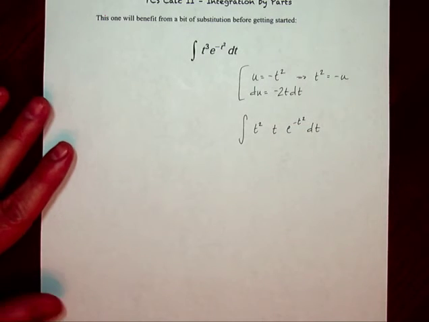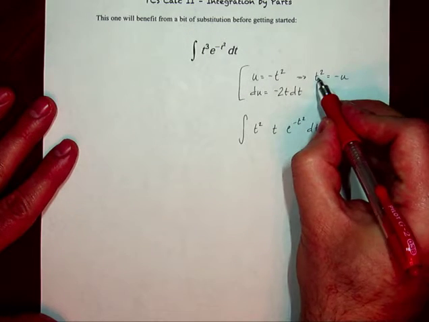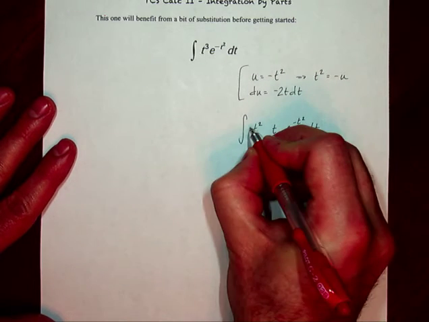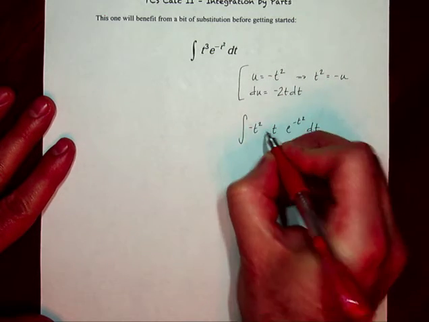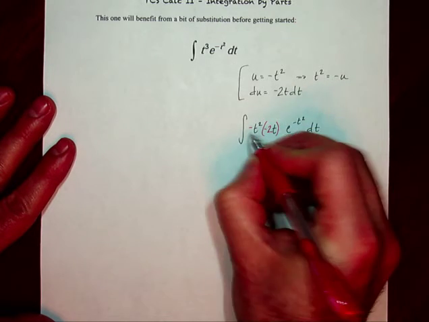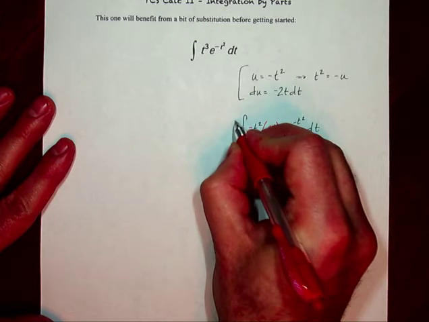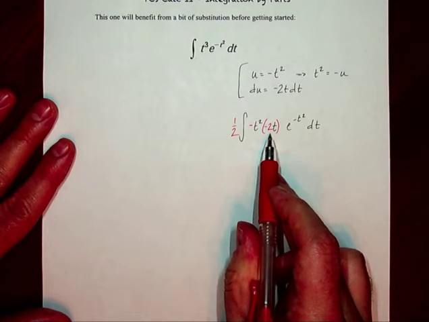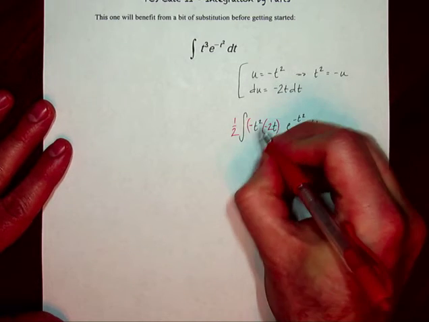Now that's a good thing, because remember that negative t squared is u. So if I do a negative right here and a negative 2 right here, the negatives will cancel each other out, and the only thing that's left to do in order to compensate for the fact that I've included a 2 is to put a 1/2 out in front.